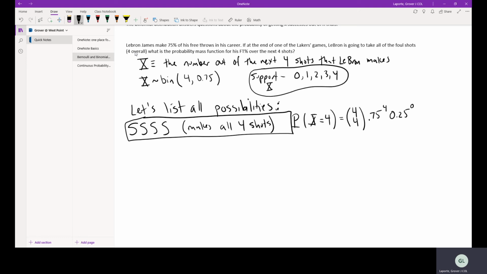And then there's this possibility that he only makes 3 of them. So it's possible that he could have missed the last one, he could have missed the second to last one, the second one, or the first one.